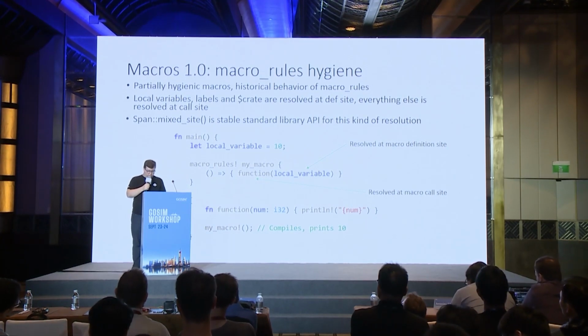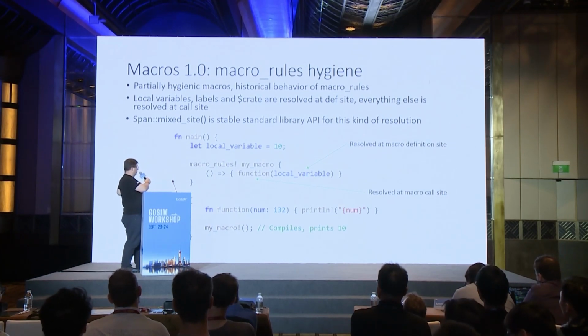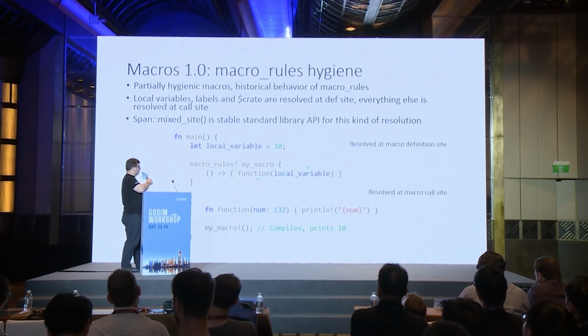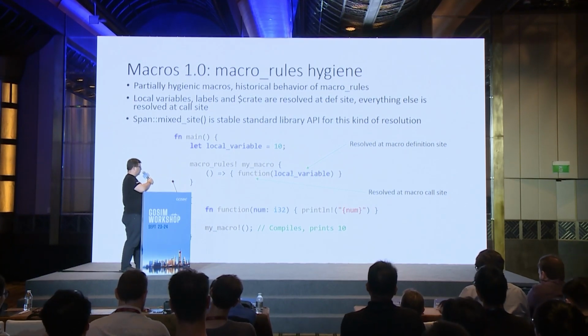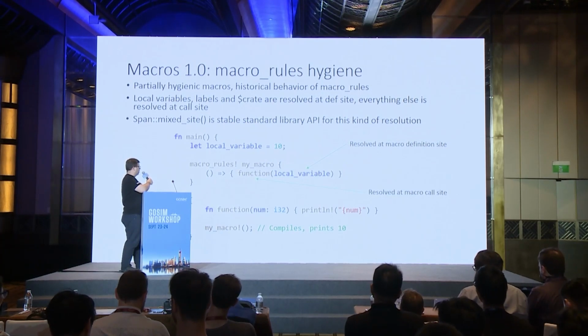So, for example, here we have a macro rules macro that produces a function call with a local variable as an argument. The local variable is resolved at macro definition side, here.